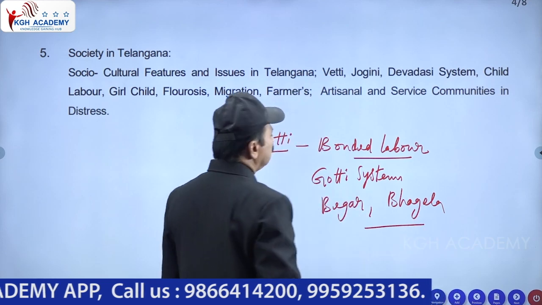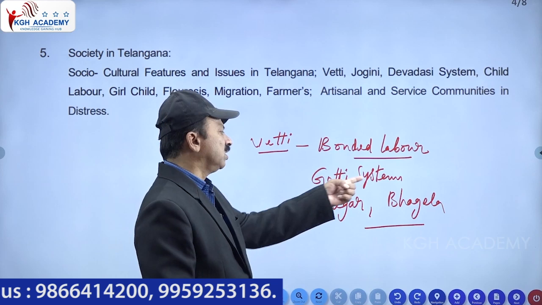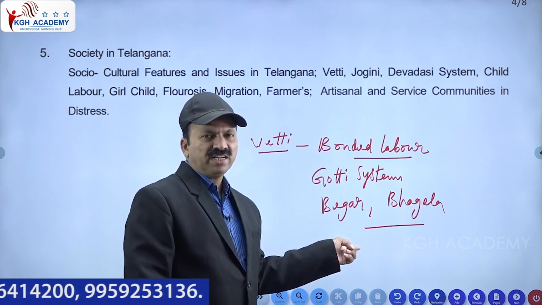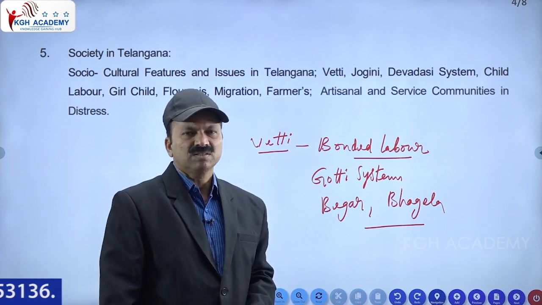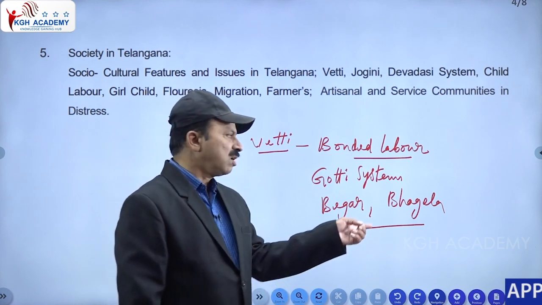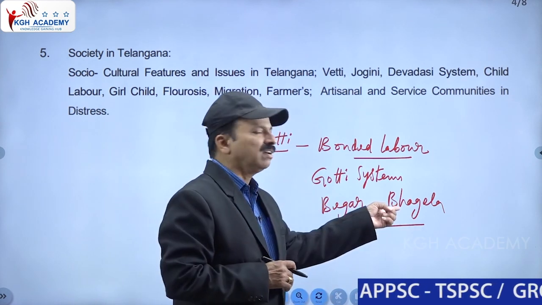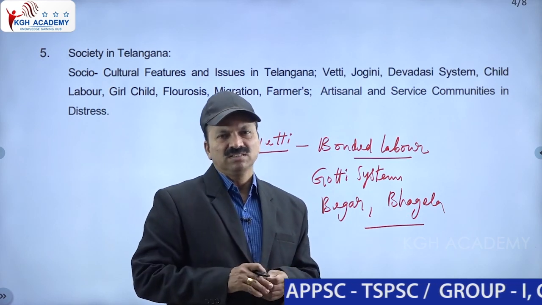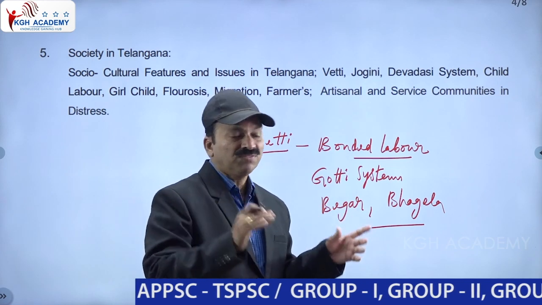If all the family members go for bonded labor, then we call it Gutti. If they render services without remuneration, it is called Begar. Bagela system: if all the family members work under one Jamindar, then it is called Bagela.